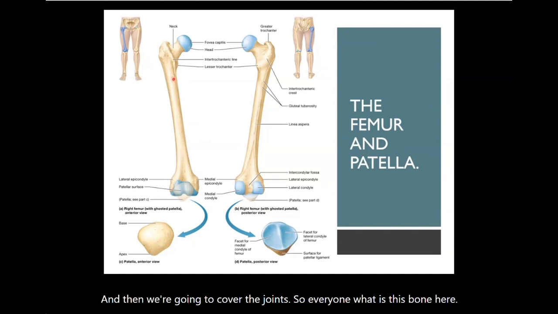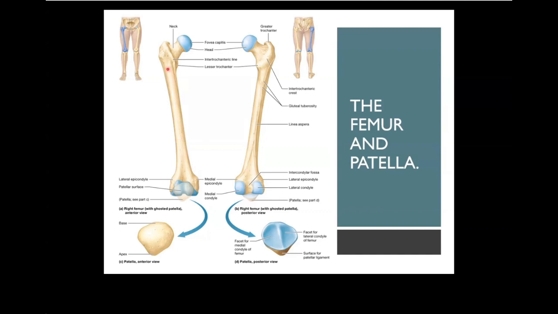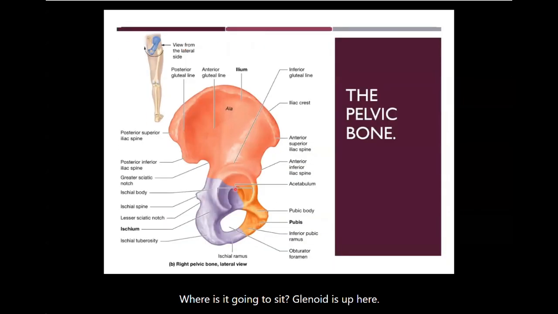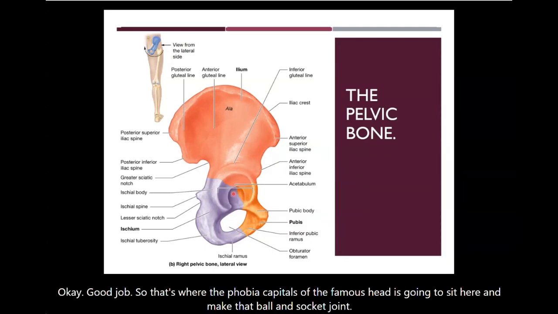So everyone, what is this bone here? That's the femur, okay? The leg bone, upper leg. And then everyone, this is the head of the femur. It's called the fovea capitis. And then this head of the femur, where is it going to sit? Glenoid is up here. So this one is called which one? Acetabulum, okay? Good job.